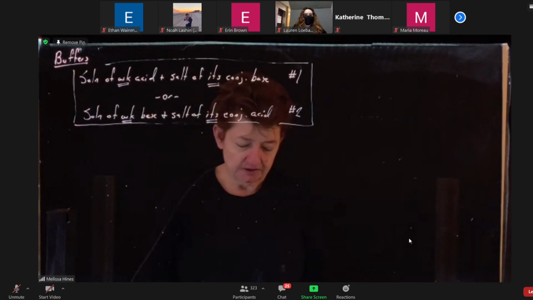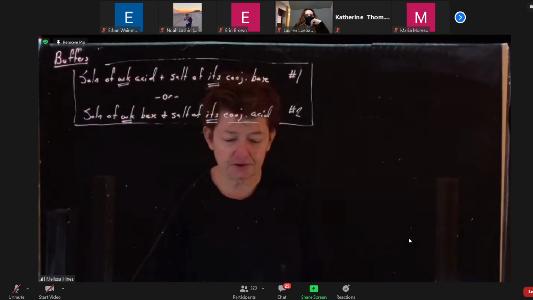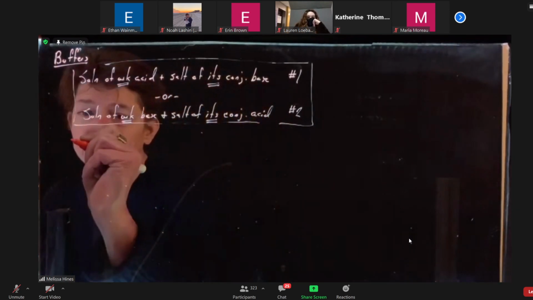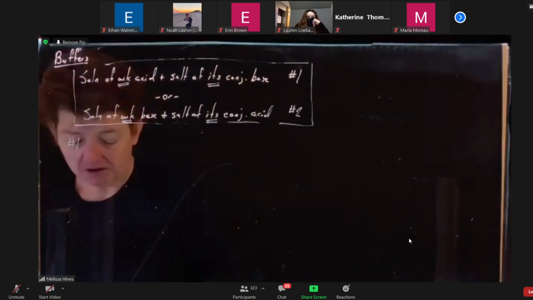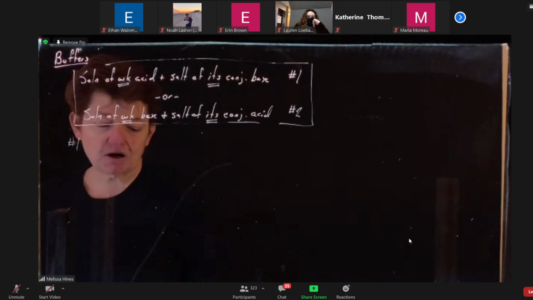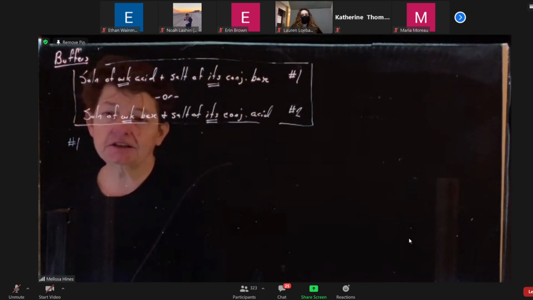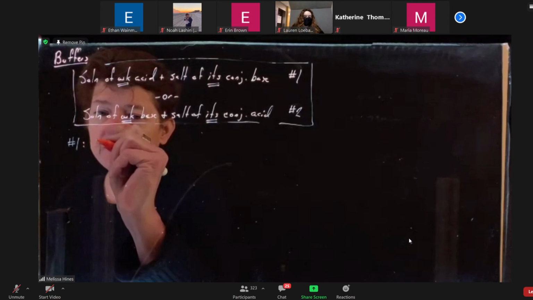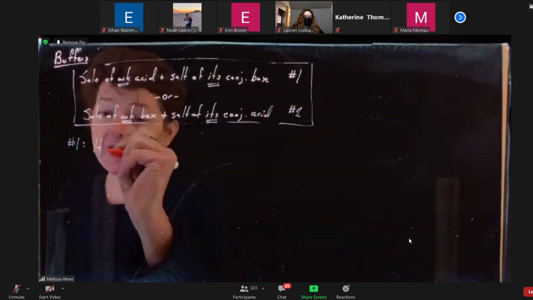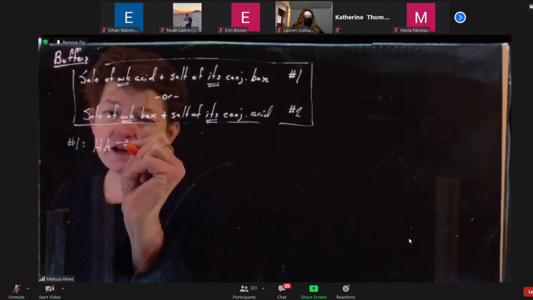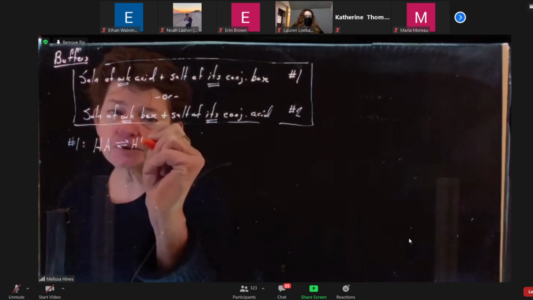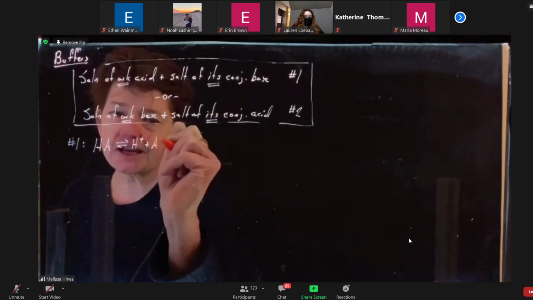So let's look at some examples of number 1. Okay, so the first type of buffer, what we're really doing is dealing with the usual weak acid equilibrium. So we have HA in equilibrium with H plus and A minus.